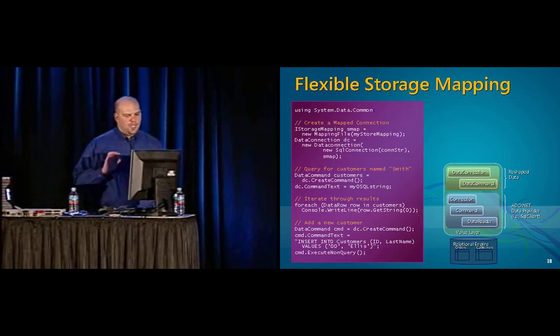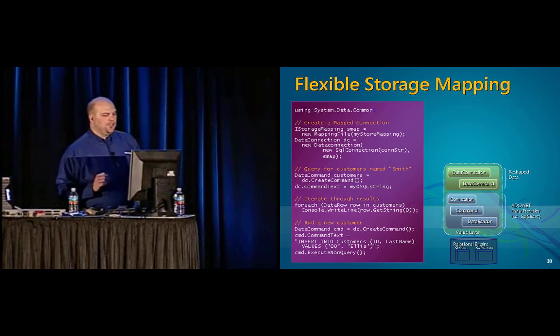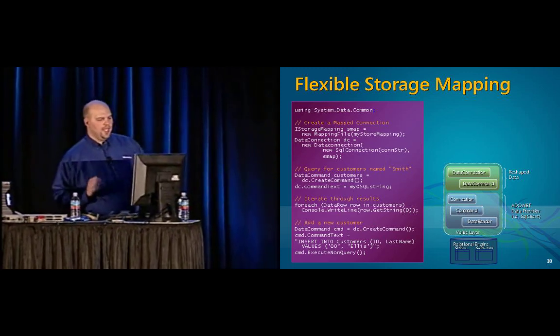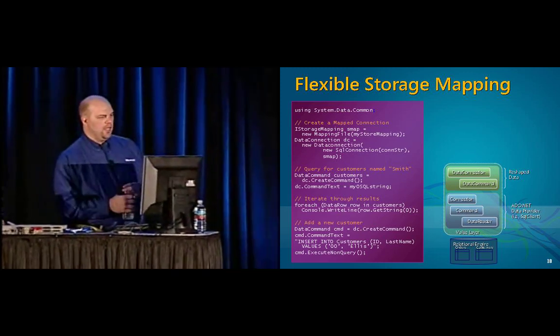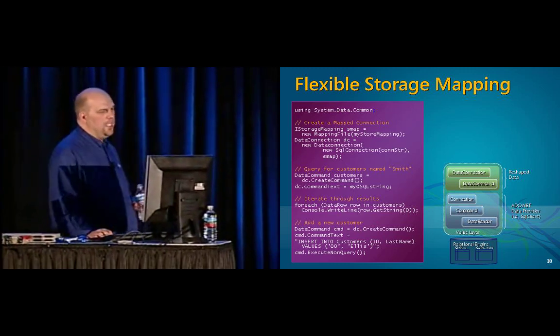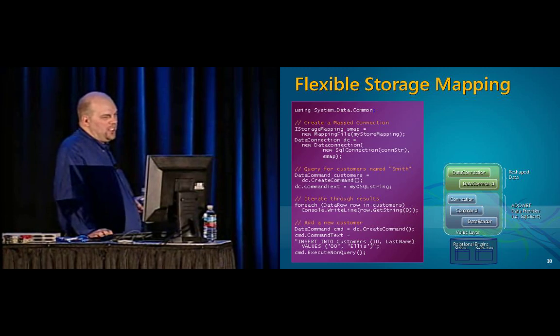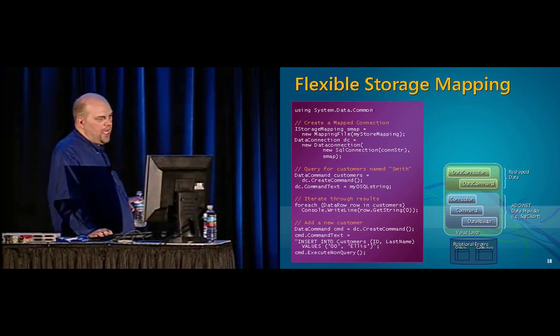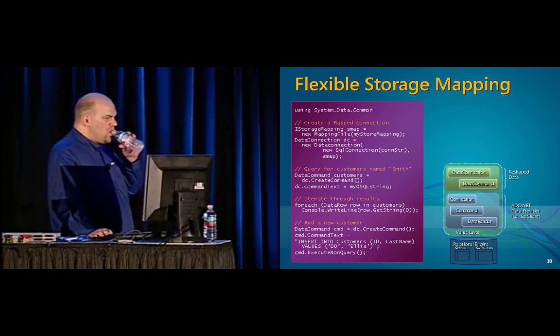So in this example, we're going to add two new components, a data connection and a data command. The data connection is the first thing that we'll see. And what that provides you is a connection, just like we got from the ADO.NET Data Provider connection below. And all we're going to do now is hand it a storage mapping file.